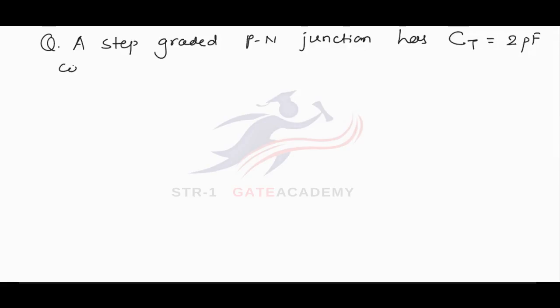A step graded p-n junction has transition capacitance Ct equal to 2 picofarad when V0 plus Vr equal to 1 volt. If V0 plus Vr equal to 2 volt, then Ct will be equal to what?